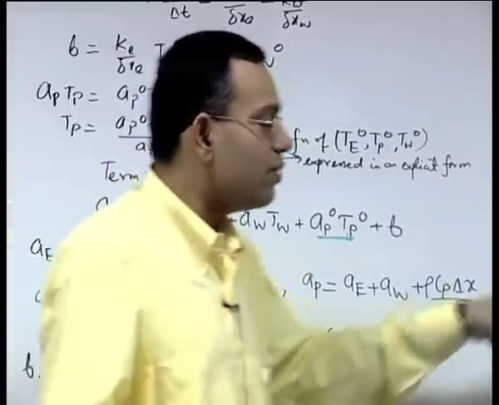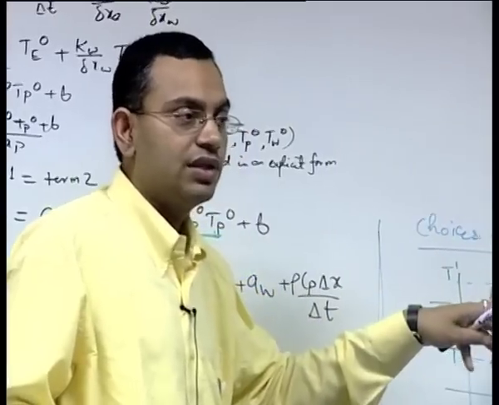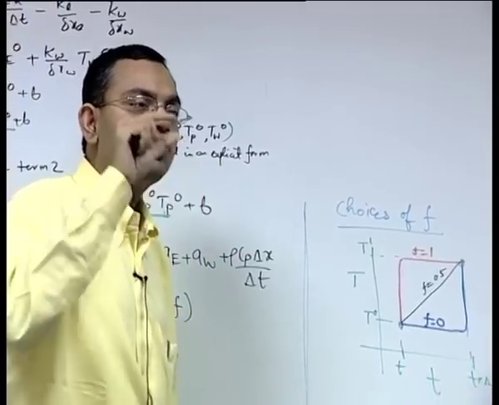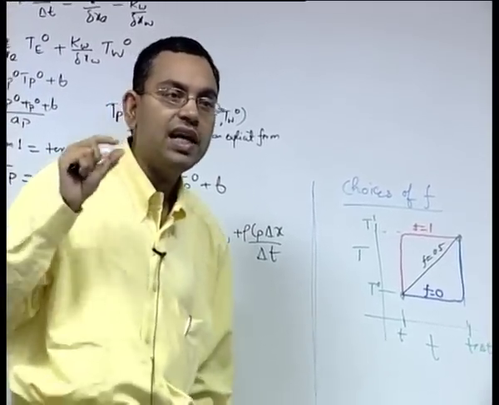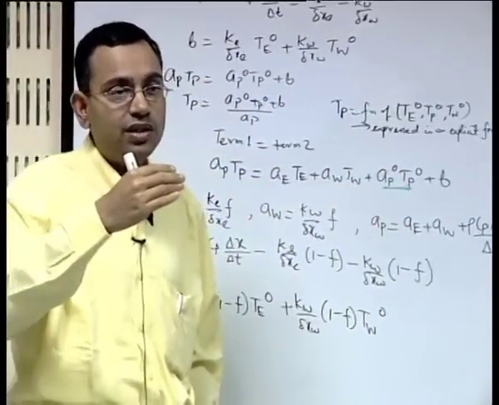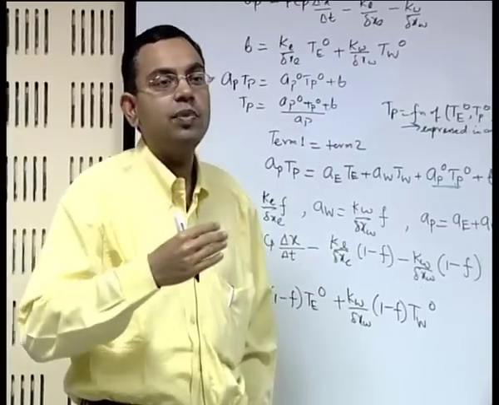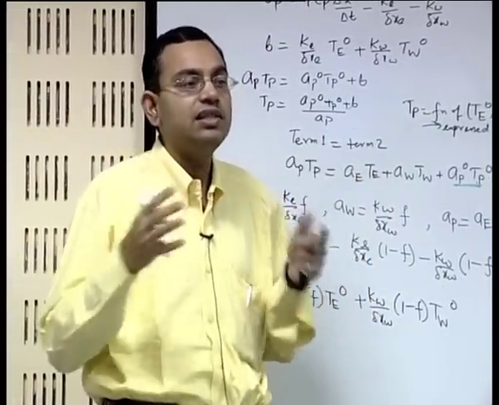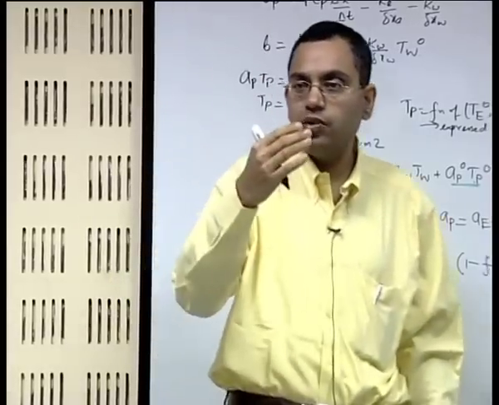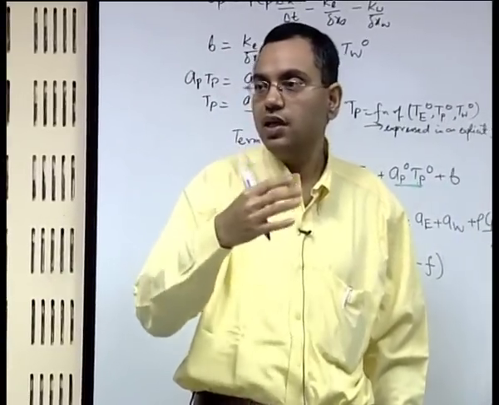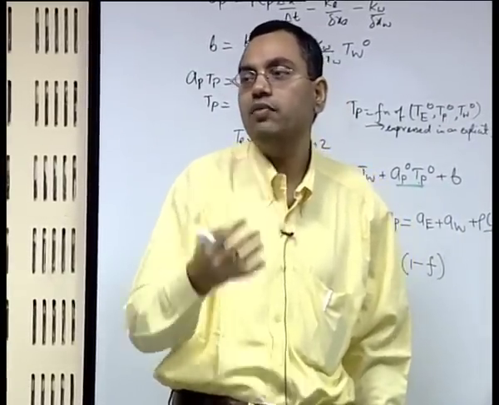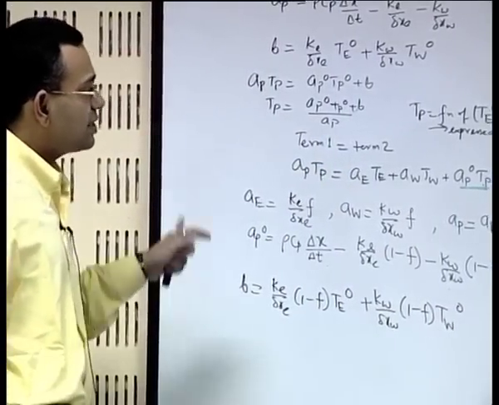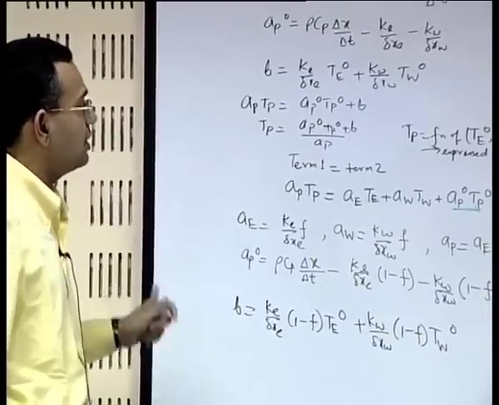So, you need not solve a system of linear algebraic equations, you can just consider one algebraic equation, from that you can calculate temperature at that grid point, then the next algebraic equation the corresponding temperature at the corresponding grid point. So, you need not consider them to be coupled as a system. You can treat individual equations and from individual equations you can obtain the corresponding values of the temperatures. Now, that is one of the very important advantages.